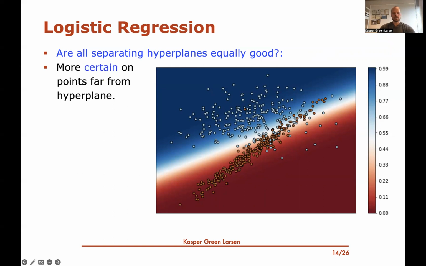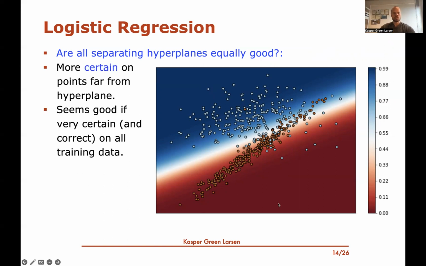And if you're far away, then you get closer and closer to estimating the probability 1 of being in class 1, or the probability 0 of being in class 1. So there's an idea here that if you're very far away from the hyperplane, then you're more certain of your predictions. That's at least the intuition that one could have.